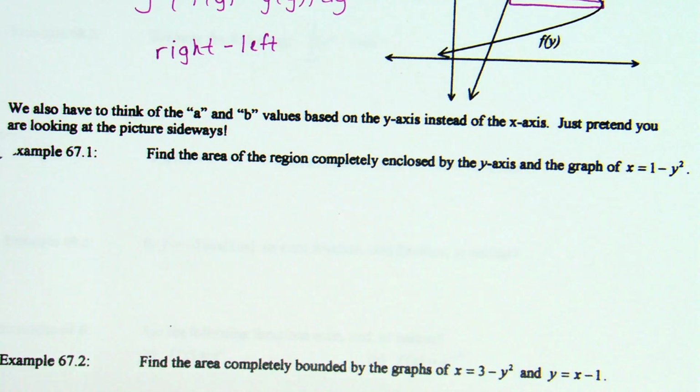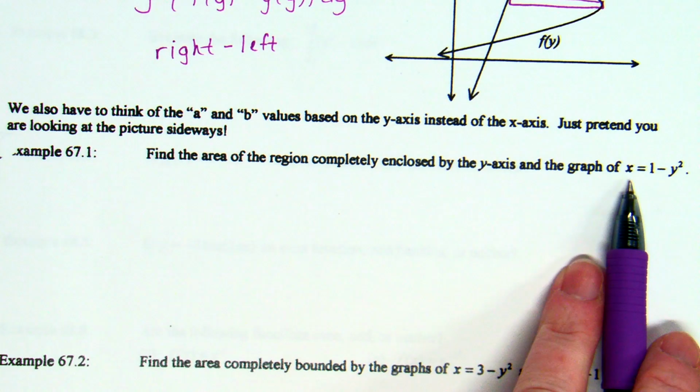Example 1. Find the area of the region completely enclosed by the y-axis and the graph of x equals 1 minus y squared. Okay, we need a graph to look at. We need a visual. And as we think about a visual, this is nicely set up to be x equals, and so it's in terms of y.